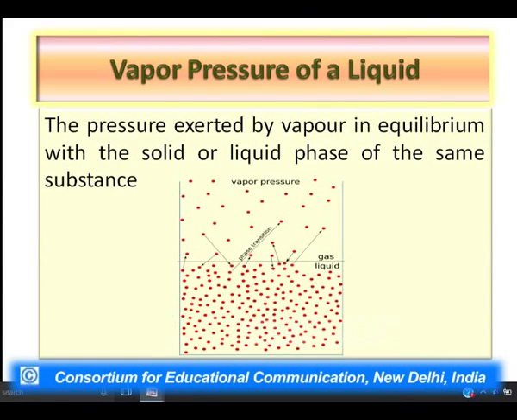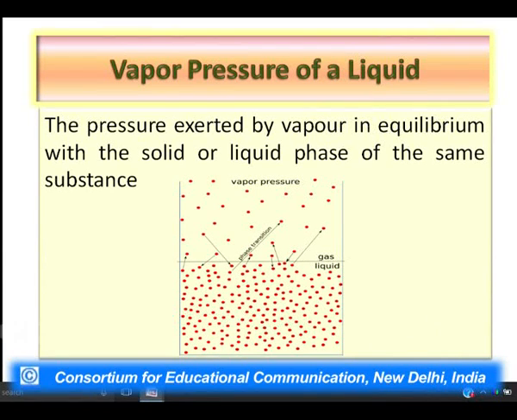So for that we shall start in this way: let us first consider what is the vapor pressure of a solution. Vapor pressure is nothing but the pressure exerted by the vapors that are in equilibrium with a solid phase or a liquid phase of a substance.